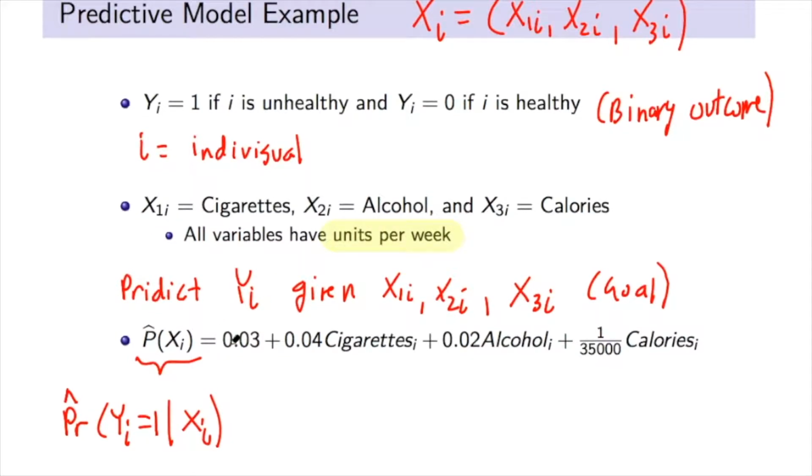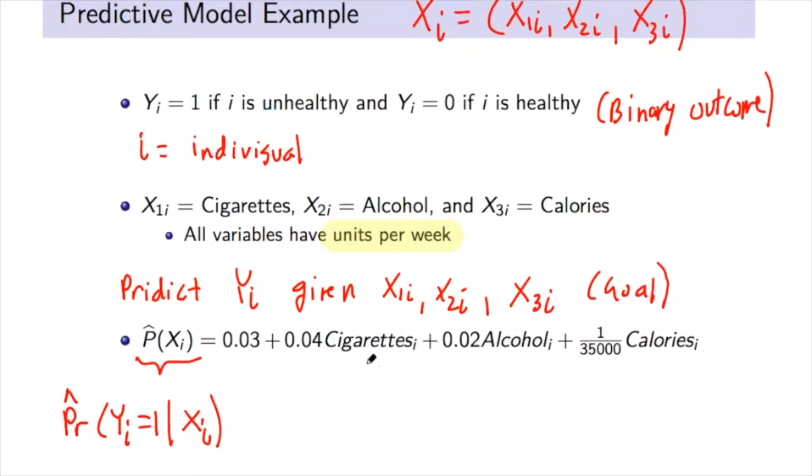So this model says the probability that a person is unhealthy is equal to this intercept 0.03 plus 0.04 times the number of cigarettes they smoke per week plus 0.02 times the alcohol consumption they have per week plus 1 over 35,000 times the calorie intake they have per week.